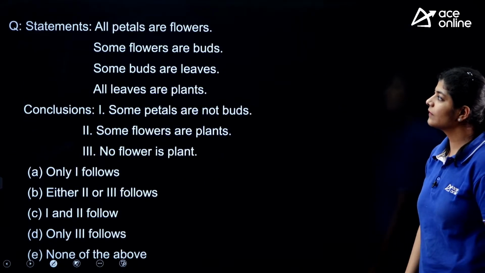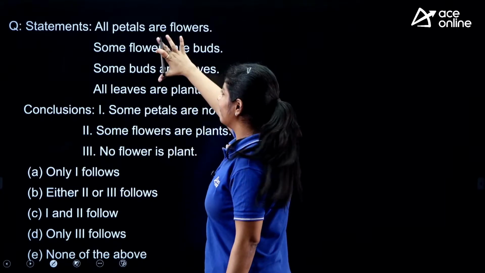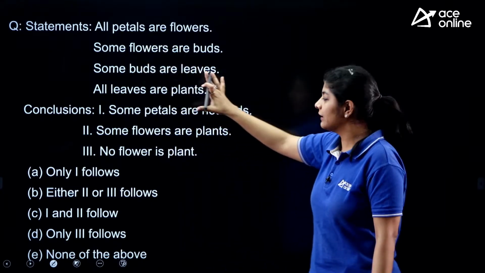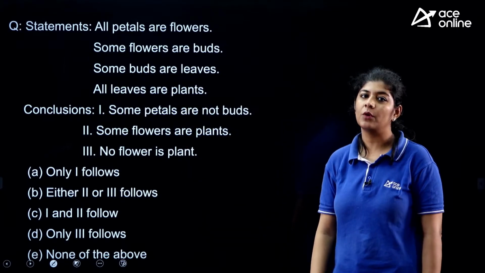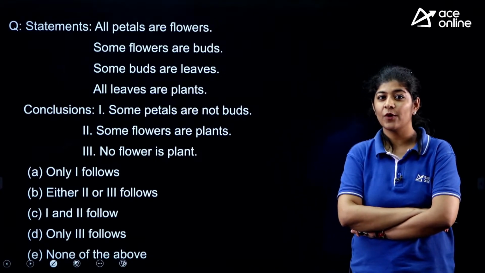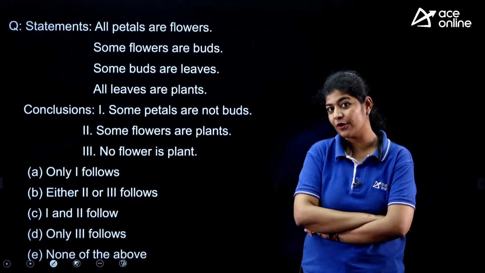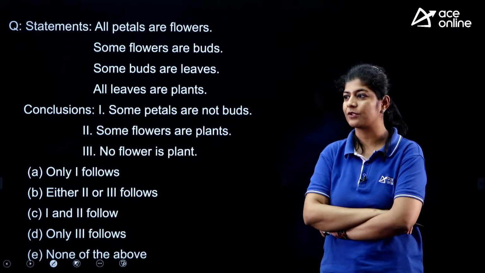Next. The next question is from the concept of syllogisms. You have 4 statements, and you simply have to check these 3 conclusions to see whether they are true or not. We already solved so many questions based on syllogisms, so I expect you can easily solve these.